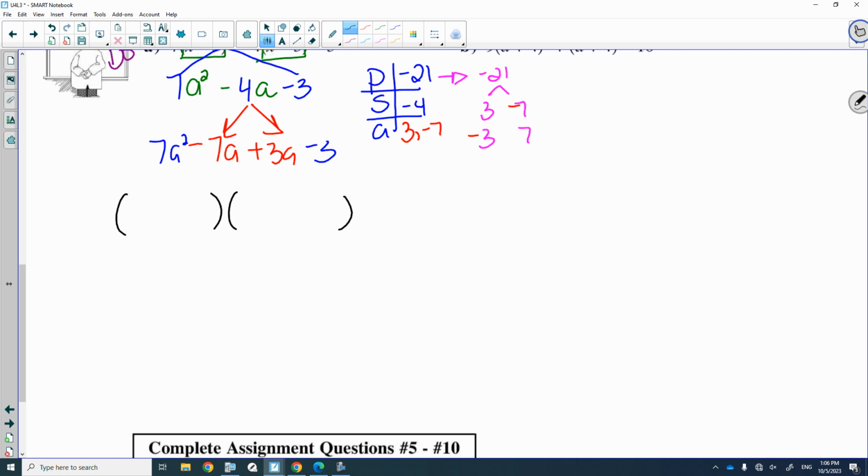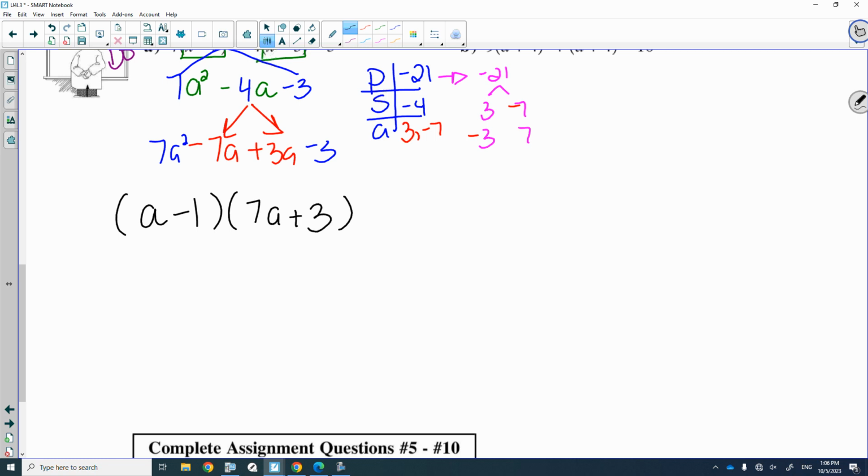Matthew, what's one of the factors? Yep, a minus 1. Scarlett, do you have the other factor? 7a plus 3.